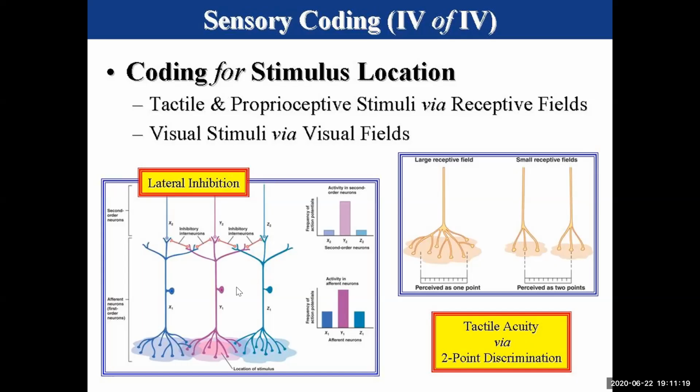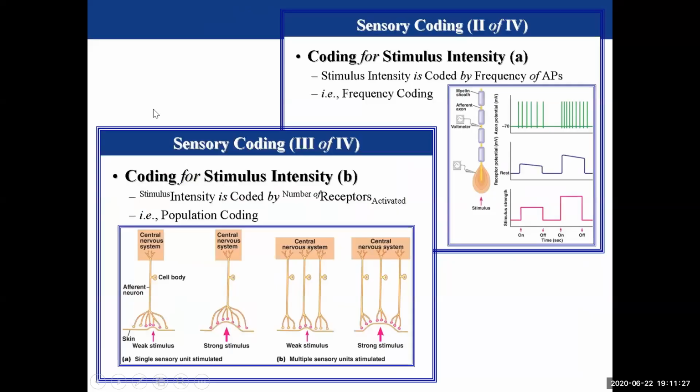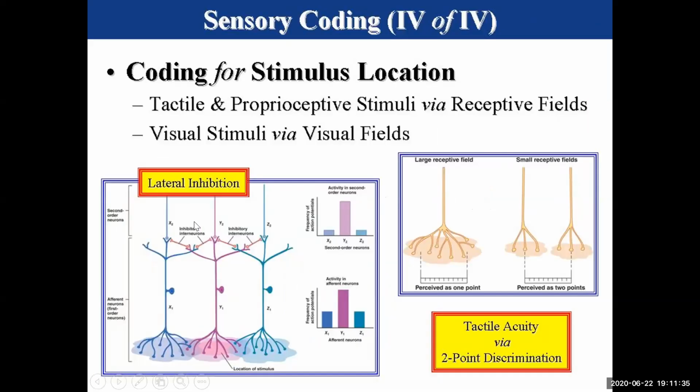So one way is: the same 3 neurons from the previous slide, these 3 neurons, right? And they're being magnified. And this is how the brain can basically fine tune the signal.